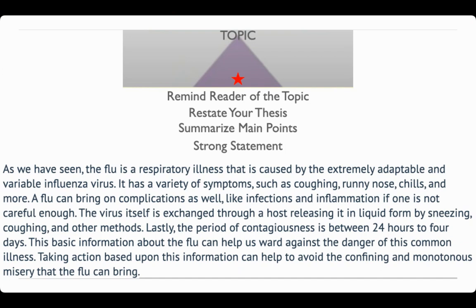The virus itself is exchanged through a host, releasing it in liquid form by sneezing, coughing, and other methods. Lastly, the period of contagiousness is between 24 hours to 4 days. The basic information about the flu can help us ward against the danger of this common illness. Taking action based upon this information can help to avoid the confining and monotonous misery that the flu can bring.